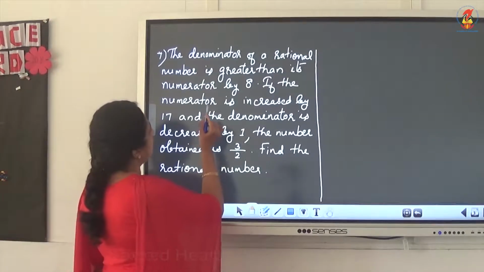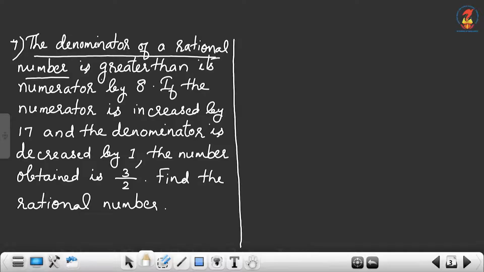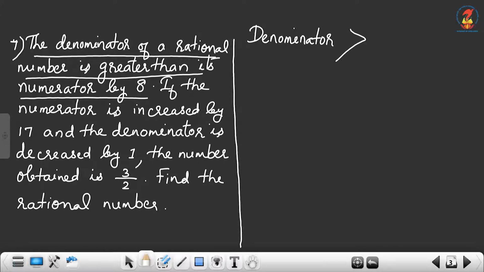The denominator of a rational number is greater than its numerator by 8. So the denominator of a rational number is greater than the numerator by 8.